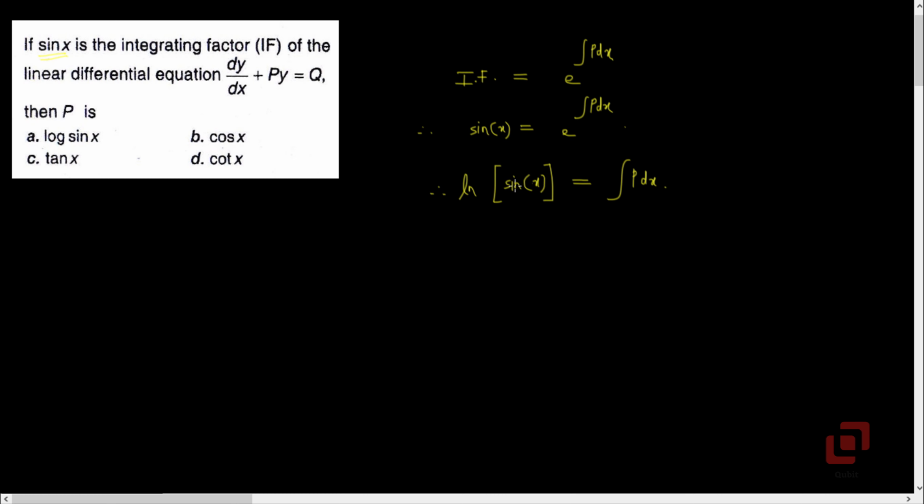So to get p, let us differentiate both sides with respect to x. Right hand side will simply be p, because if you integrate any function and then take its derivative, you will get back the original function. By chain rule, the derivative of the left hand side will be 1 upon sine x into derivative of the inner function cos x. Hence, p must be cot of x, that is option D.